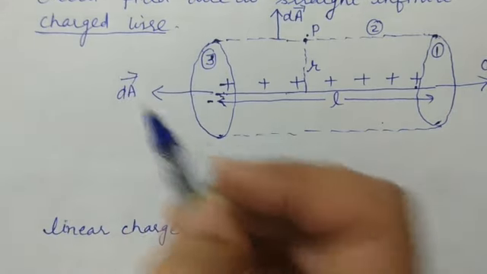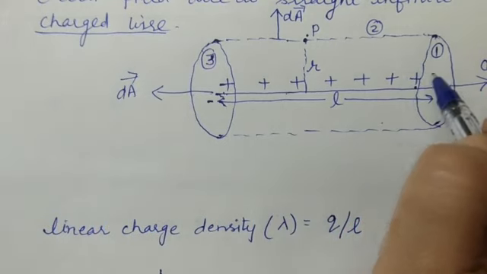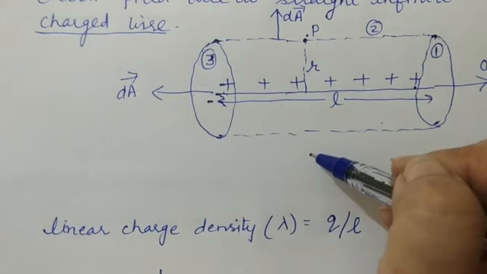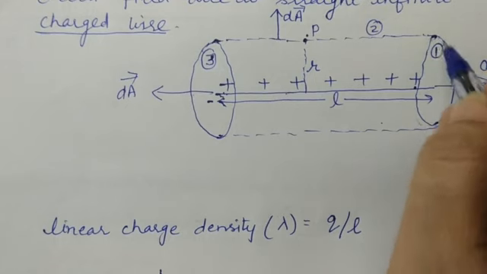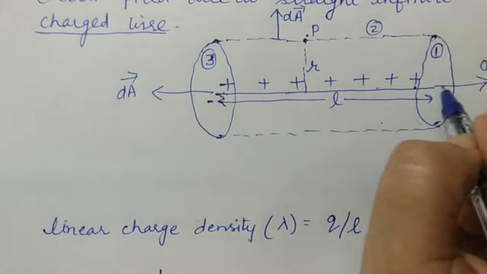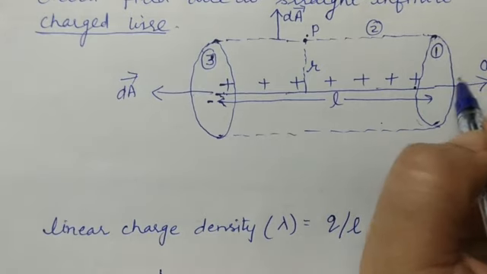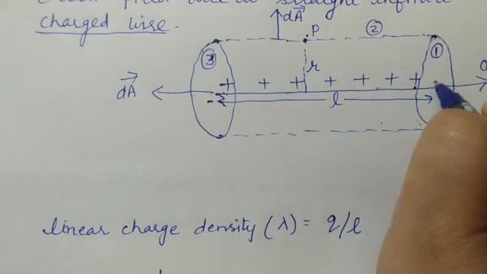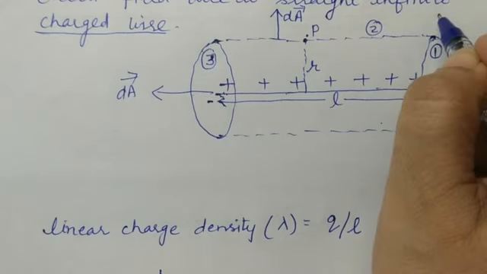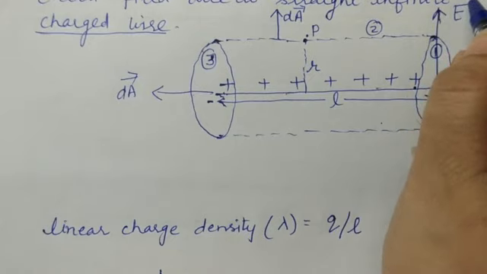Now if I see the electric field for these 3 parts of the surface, on this cross section, because positive charge is on the wire, obviously electric field due to positive charge is always away from it. So for this surface, electric field will be directed in this direction.